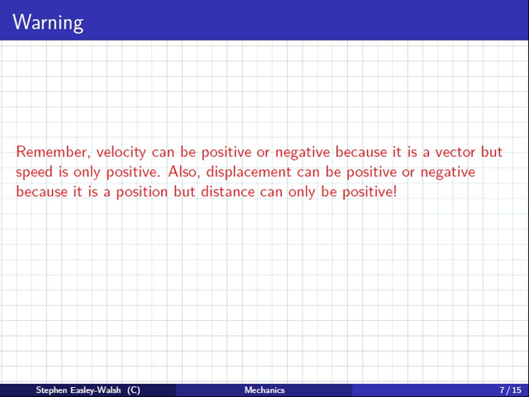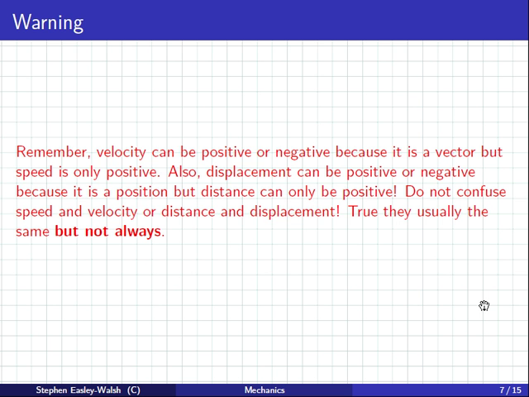Do not confuse speed and velocity or distance and displacement. However, usually they are the same in the question, like in the example of Usain Bolt. The displacement was 100 and the distance he travelled was also 100. His speed was 14 and his velocity was 14. They're usually the same thing, but they're not always.